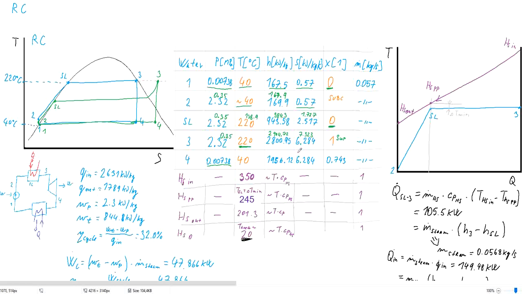Now in the ideal expander, the entropy remains constant, so 7.323. And from the entropy and the pressure we can get the remaining parameters, and we will see that the steam quality is higher because we were expanding from a lower pressure and the same temperature, so the steam quality is 0.879.